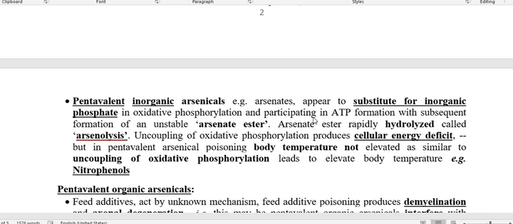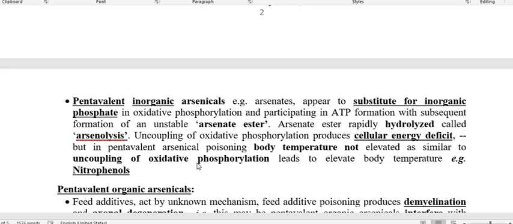While oxidative phosphorylation is going on, normally one inorganic phosphate attaches and thereafter ATP gets synthesized.